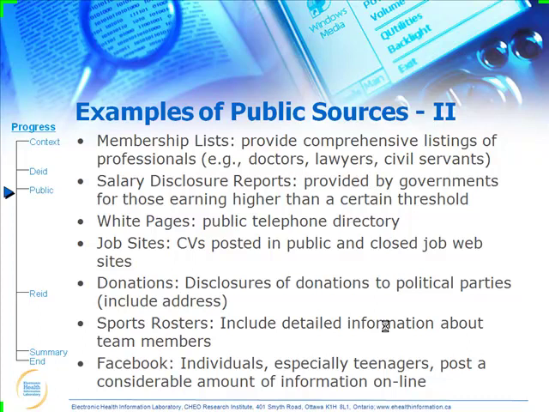And of course, Facebook. We've done a number of re-identification attacks on so-called anonymized databases, and Facebook was our best friend, especially for teenagers and young individuals, because they will post a lot of information about themselves.